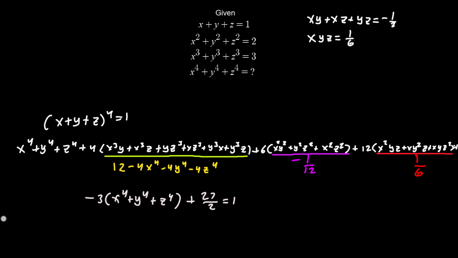So that will be equal to 1 minus 27 over 2, and this will just be negative 25 over 2. So pretty much we have that this is negative 25 over 2, and dividing by negative 3 on both sides will give us 25 over 6, meaning that x to the 4 plus y to the 4 plus z to the 4 is equal to, you guessed it, 25 over 6.